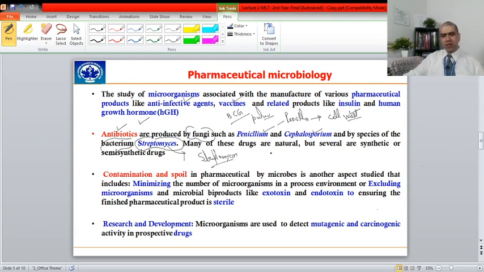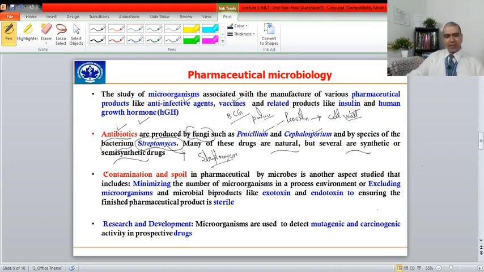Many of these drugs are natural, meaning they are naturally isolated, or they can be synthesized in a chemical form once we know what they are made of, or they can be semi-synthetic: we isolate the natural antibiotic and then add some derivatives to it to make it more effective.